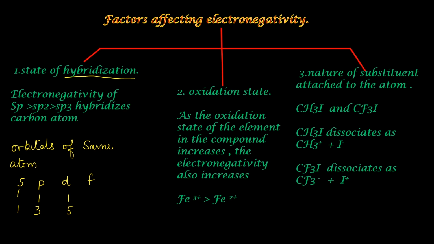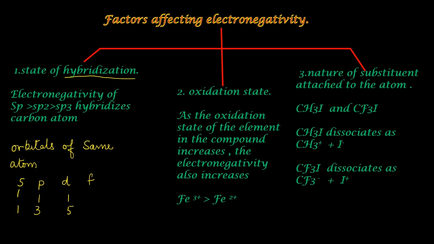The different orbitals are s, p, d and f. At present we are concerned only about s and p. We know s has one orientation and p has three orientations, d has five orientations and so on.